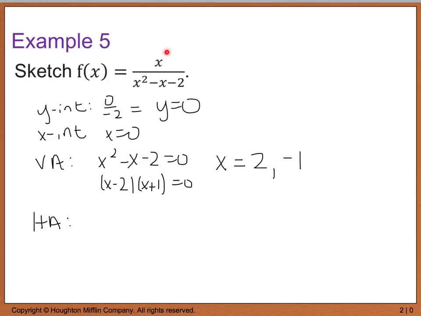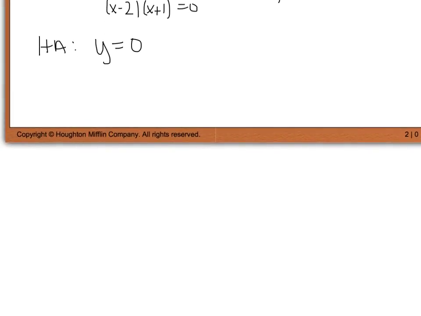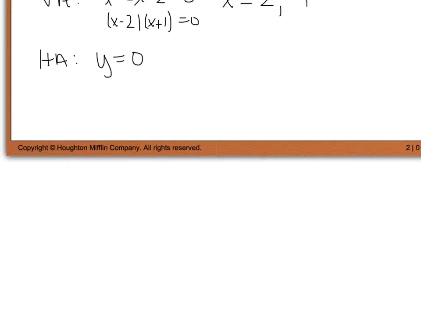Those are going to come from comparing the degrees of the numerator and denominator. And because the degree of my numerator is less than the degree of my denominator, that tells me that we have a horizontal asymptote at y equals 0. And now I'm ready to set up my table. So to do that, we're going to start out with our test intervals.